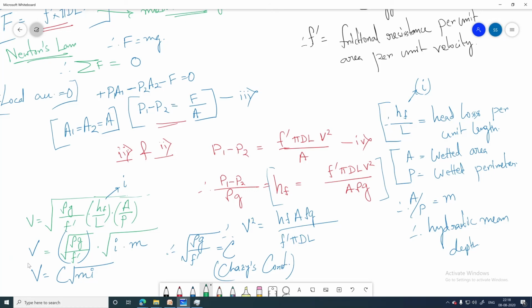This is the final expression for Chezy's equation. Next I will show you how to determine the value of the head loss from the Darcy-Weisbach equation. Okay, so thank you.